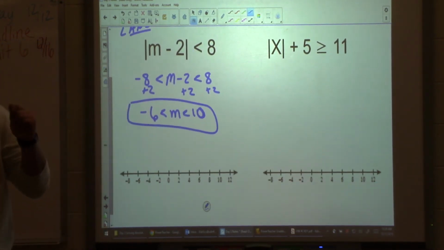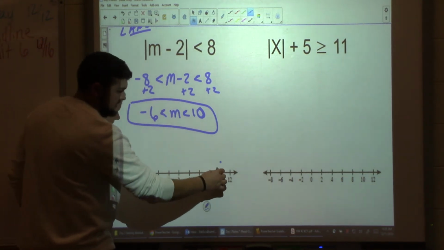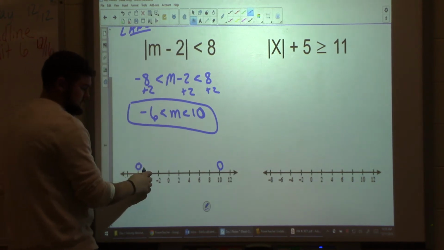Now I've got to graph it. Who thinks they know how to graph this? Anyone? I guess I'll pick on somebody then. Sim, thank you for volunteering. Just put an open circle at 10, and put an open circle at negative 6.